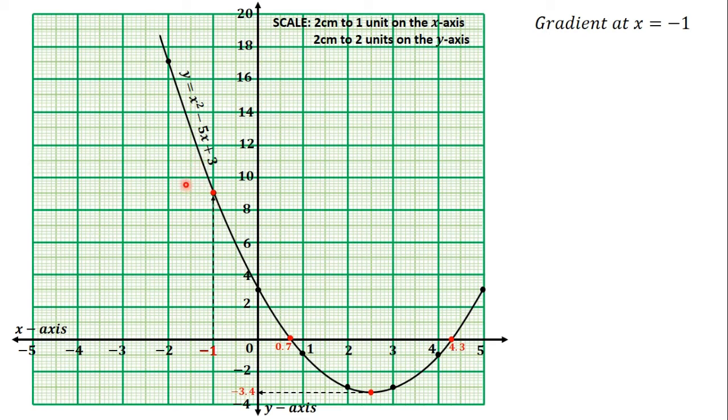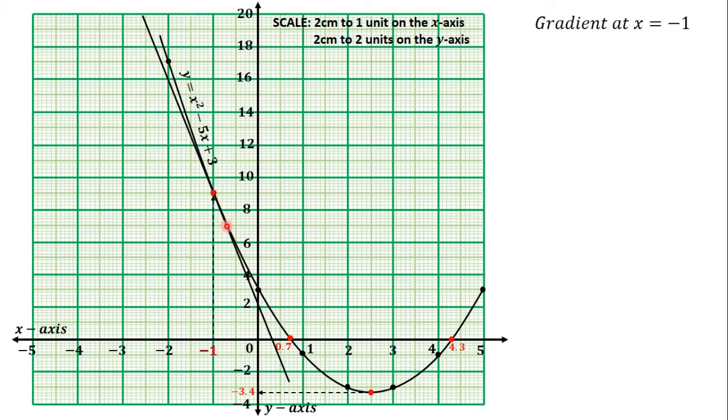In the video on finding the gradient of the function at a point on a curve, which is video number 37 in this playlist, we learned that the tangent is a straight line drawn to touch the curve through the point. So the tangent to the curve through this point is the straight line drawn to touch the curve through the point.